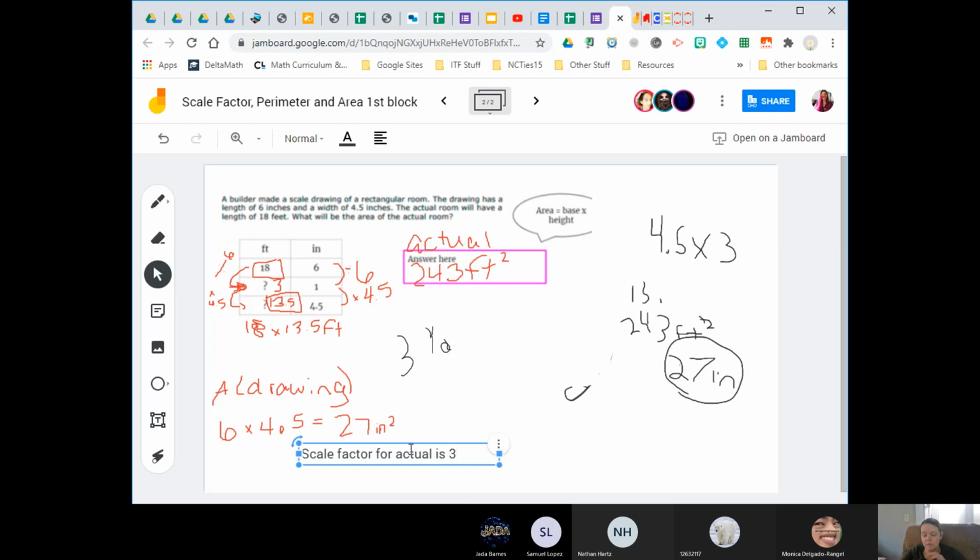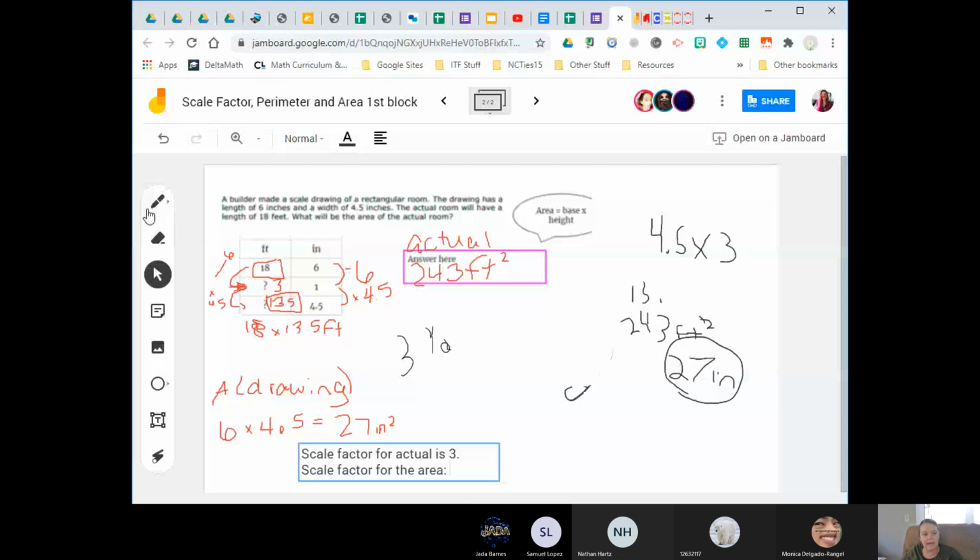Okay, our scale factor from the drawing to the actual room, we multiplied all the values by 3. What is our scale factor for the areas? Okay, so what is scale factor for the areas?